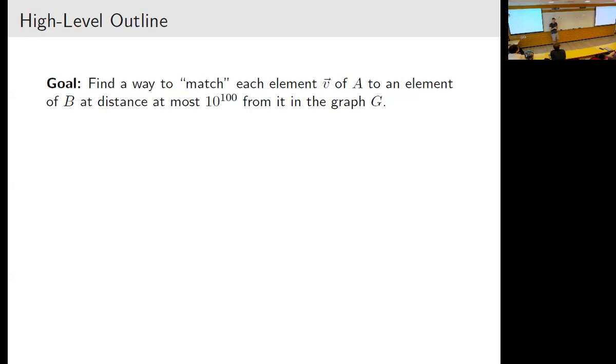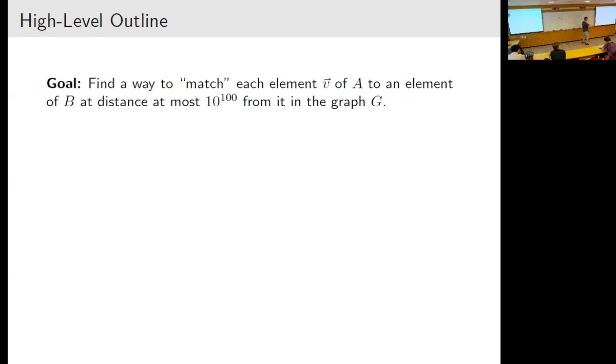Because if you've done that, then taking a shortest path between those two points in the graph determines a translation vector. If I walk from here to over here, that's some integer combination of x1s and x2s. And if it's at a bounded distance, there are only boundedly many translation vectors. So if I match everything, the translation vectors determine the pieces in some sense.